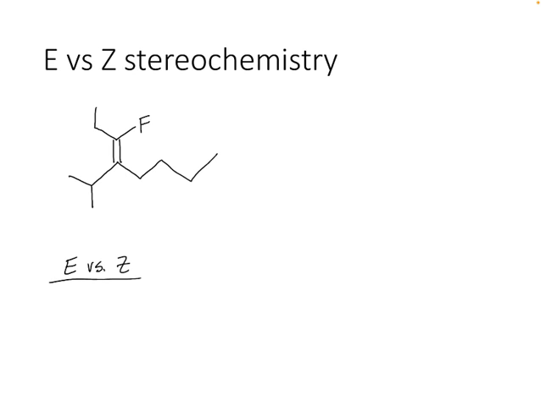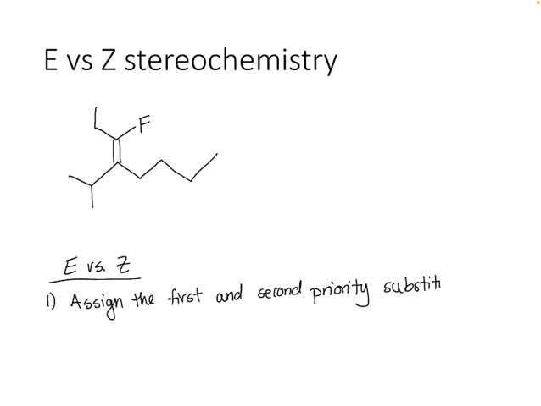designation. All right, so remember when you're assigning E or Z, you assign the first and second priority substituents coming off of each carbon in the double bond.